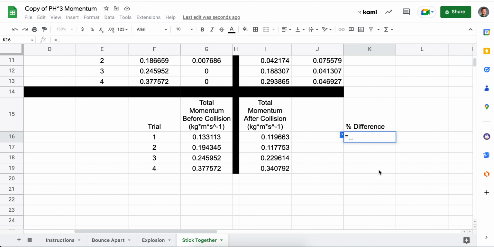What that's going to be is the difference between the two values on top. So we'll have this value minus this value. And that's going to be divided by the average of the two values. So we're going to have this value plus this value divided by 2.